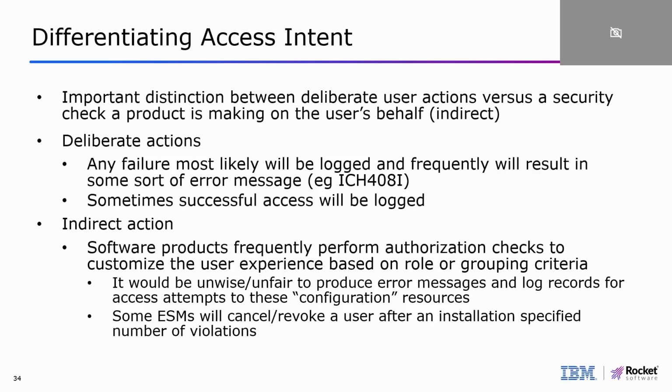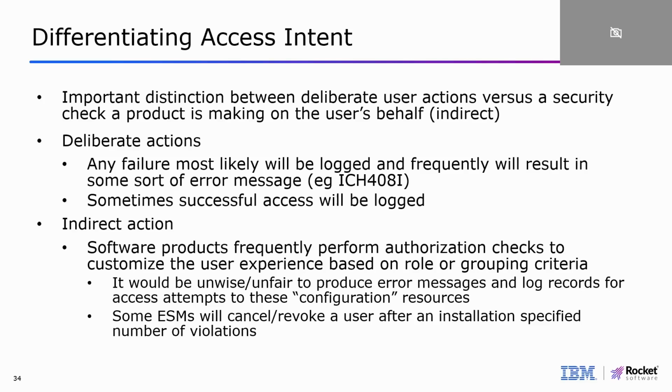With deliberate actions, you probably want to log it and message it. You're going to get an ICH408I. That is a user deliberately trying to do something they're not allowed to. With indirect action, you might want to make what are called no-logging calls to SAF, because you're doing it on their behalf. They're not deliberately asking you to do something for them. So in that case, it's probably good to do no logging.